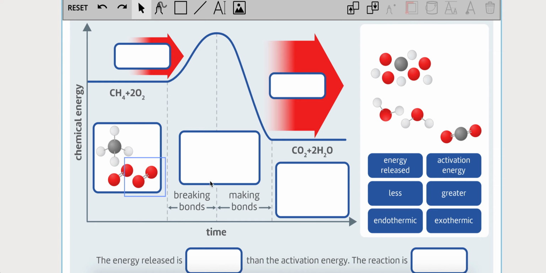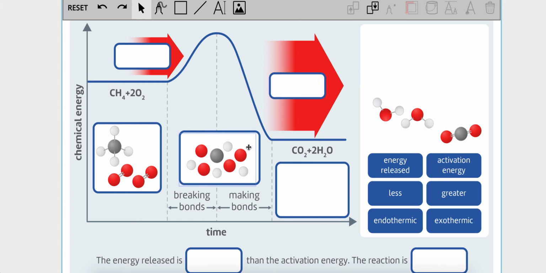When we move into this center here, we are now told that the bonds break, which means all of these atoms here, they are no longer joined together. The only option that we can see here is this giant one here. We can actually double check that by counting the amount of atoms we have here.